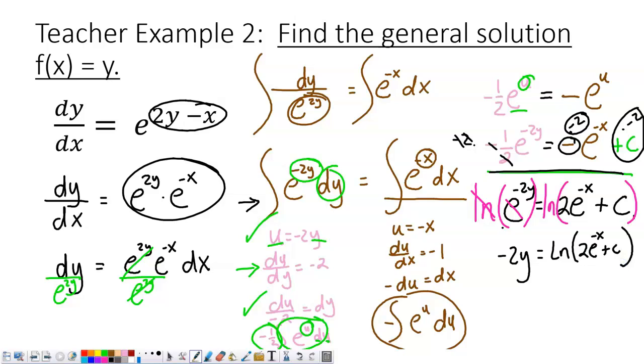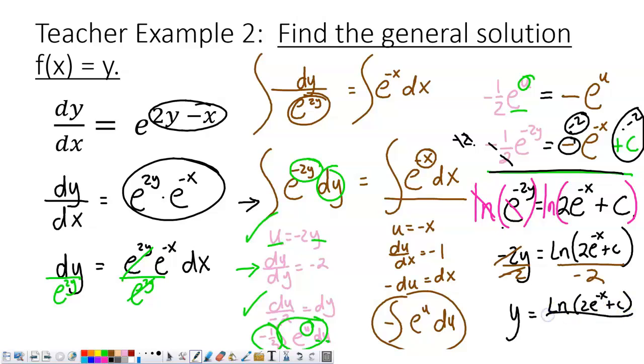And then we have one more step to get that y by itself, and that's just to divide by negative 2 on both sides. And so my final answer here would be y equals ln of 2e to the negative x plus c.